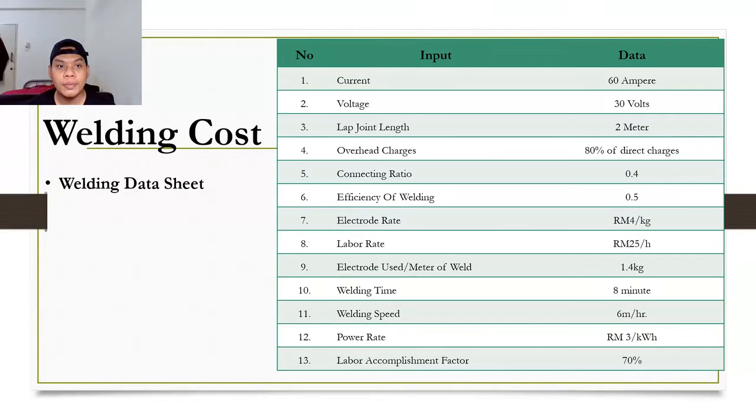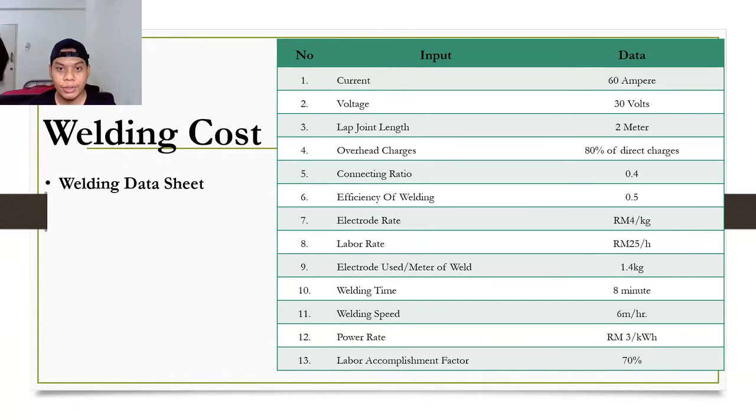Okay, now I will explain about welding cost. This is our welding data sheet we got from our machine's data. Altogether we have 13 items, and the first one is current. The data input is 60 ampere, and the second one is voltage, 30 volts.